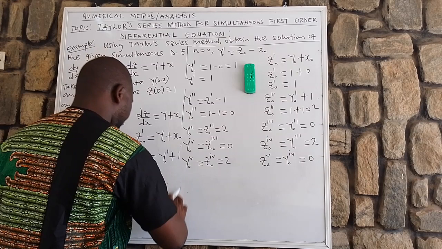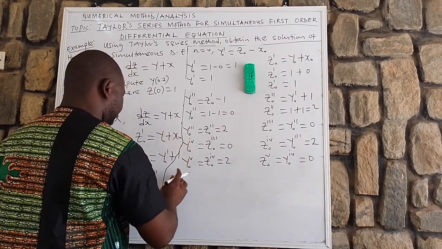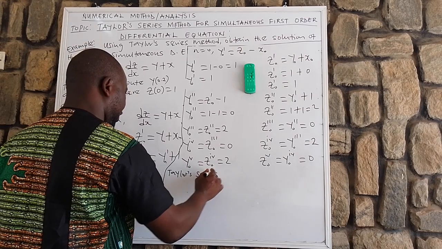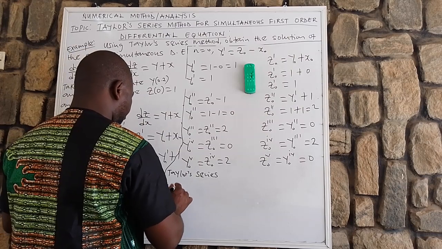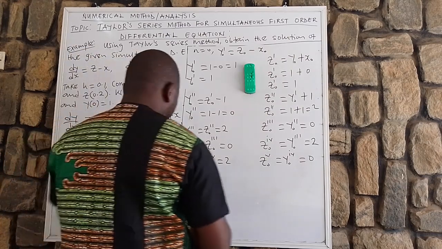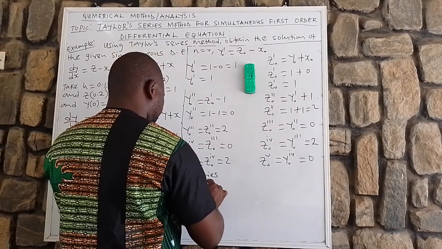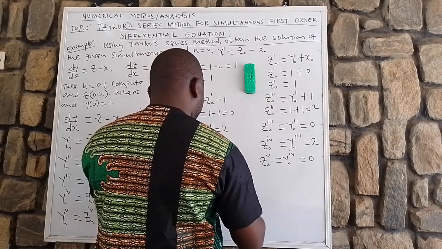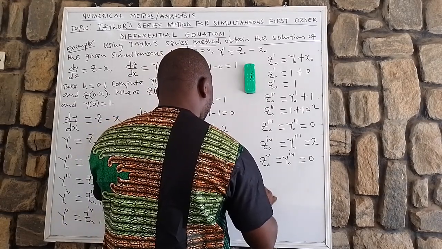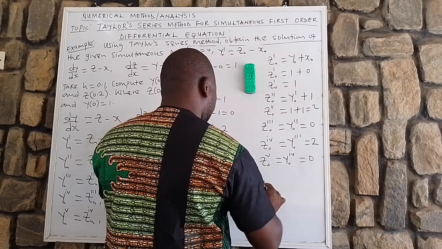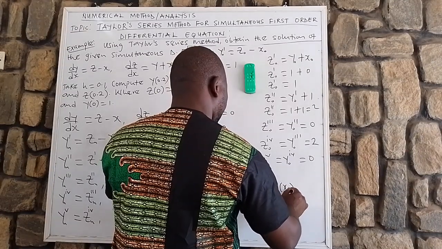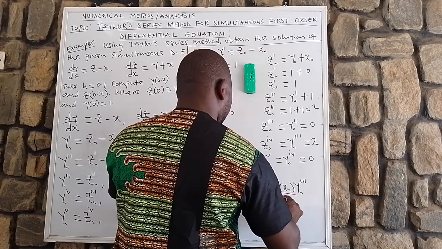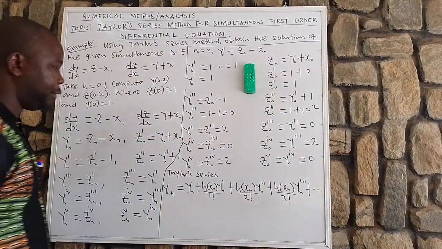If you agree with me, our Taylor series will now be y subscript n plus 1 equals y n plus, I told you we are going to use h of x n y prime n all over 1 factorial plus h of x n y prime prime n all over 2 factorial plus h of x n y prime prime prime n all over 3 factorial plus and so on.